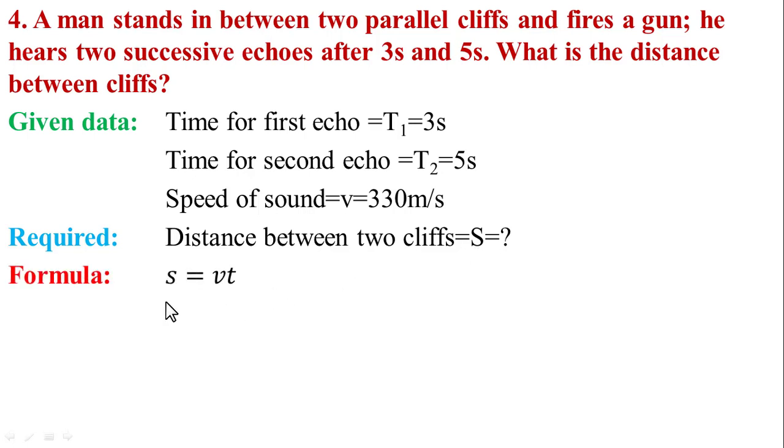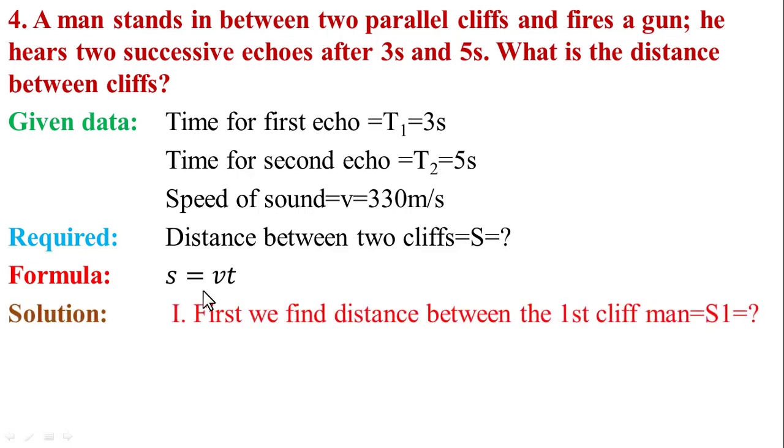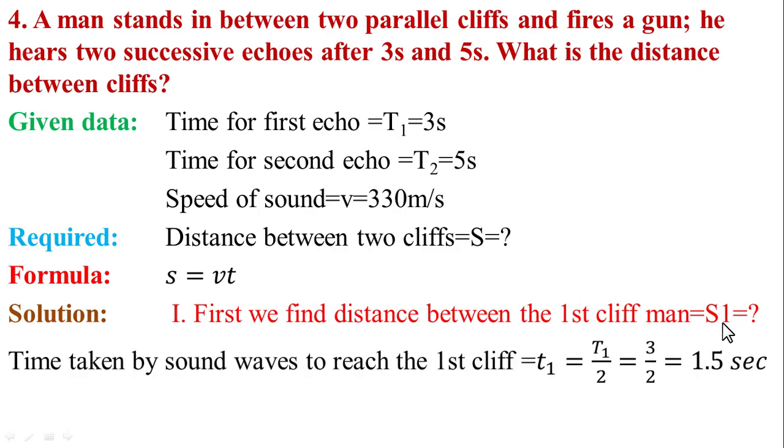Now the distance between the two cliffs is S, which is equal to question mark. Using the formula S is equal to Vt, distance is speed of sound multiplied by time. Now find the solution. First, in the first part, we find the distance between the man and the first cliff, S1. S1 is equal to Vt.